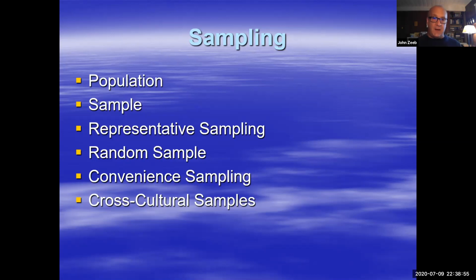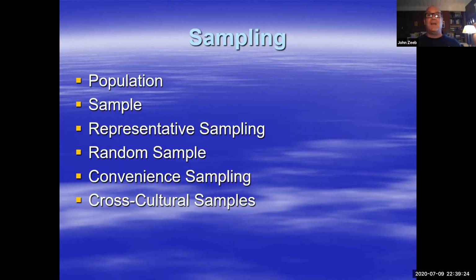So what we would do here is we would sample different cultures, maybe take a random sample from different cultures, maybe 1,000 people from Spain, 1,000 people from Guatemala, 1,000 people from Australia, or wherever we're interested. And we would draw those samples out and study those samples and then cross-compare them to look for similarities and differences. We may find that a certain disorder is more prevalent in one population or culture compared to another.